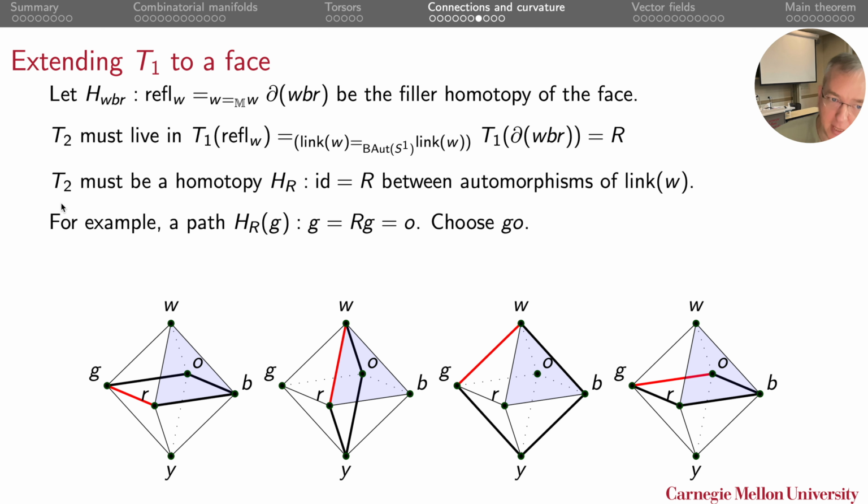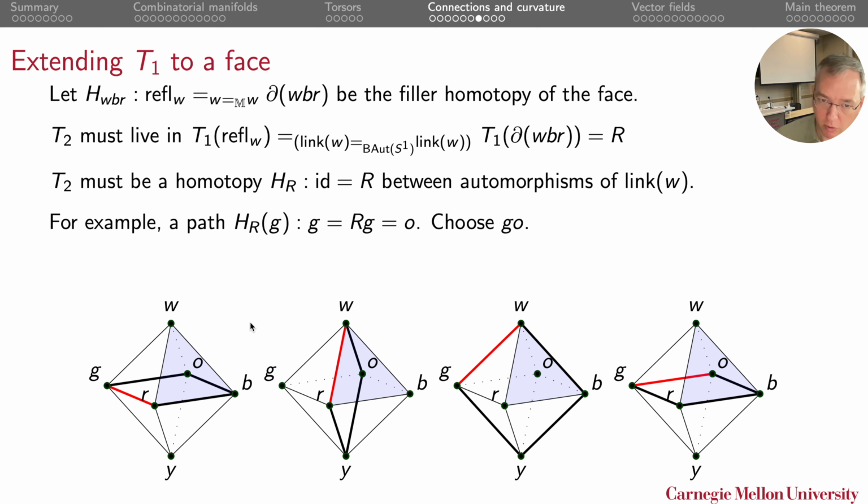We're going to pick the minimal thing so that what this homotopy does to, say, the point G, I need to provide a path from identity of G to R of G. So identity of G is G, R of G is O. I will choose the edge GO to do that. There's not that much difference between big R and H sub R. To me, at least, I get confused.